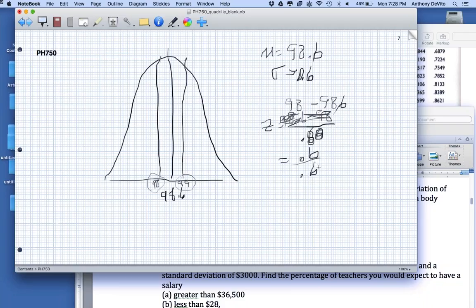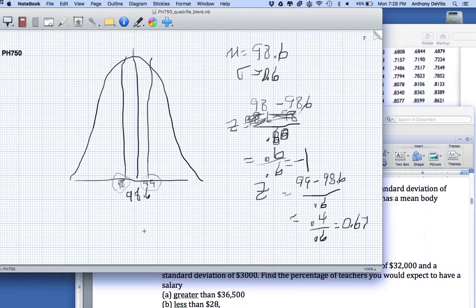Over 0.6 is equal to -1. And the z-score above is equal to 99 minus the mean, 98.6, over 0.6, and that's equal to 0.4 over 0.6, which is equal to 0.67.